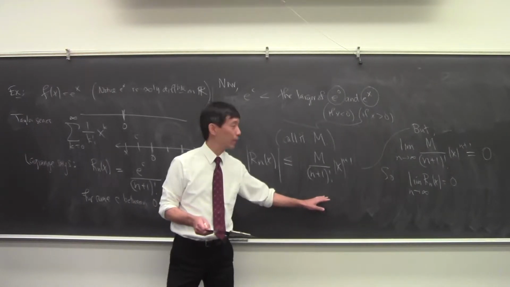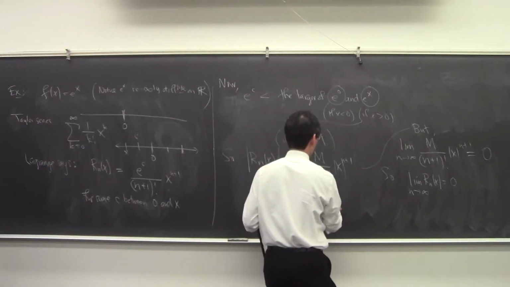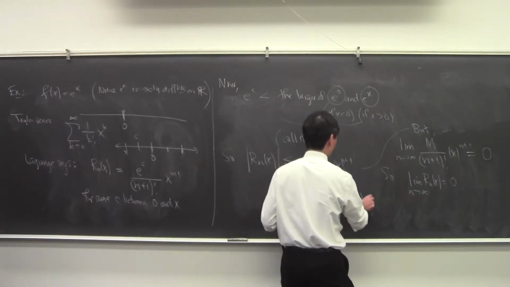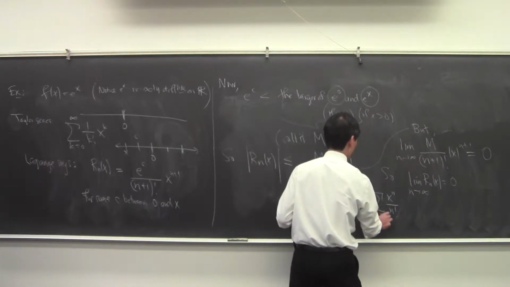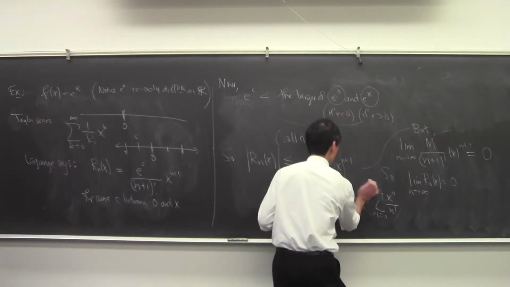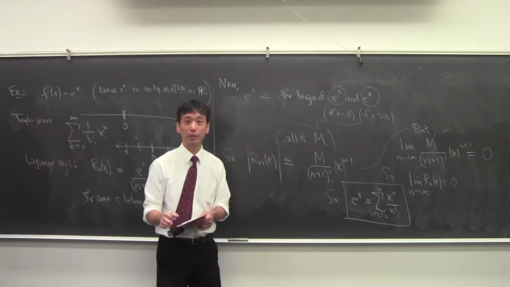So the remainders go to 0, and so in fact, f of x does equal the summation of x to the n over n factorial as n goes from 0 to infinity. The power series, sorry, e to the x actually does equal its power series.